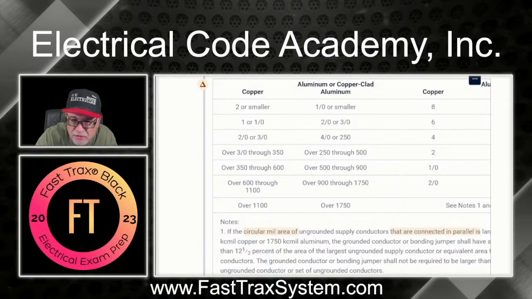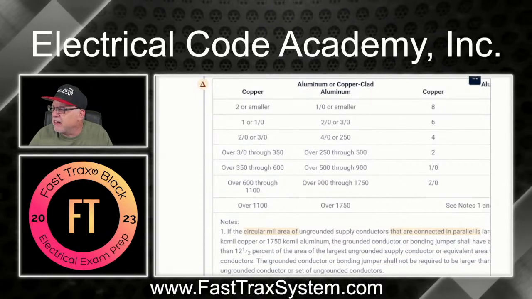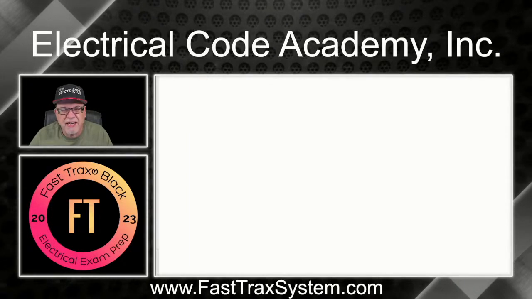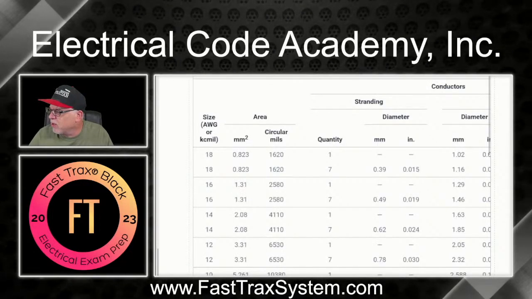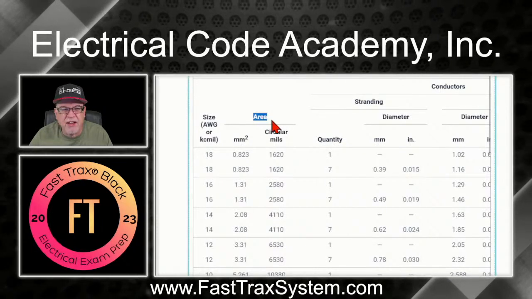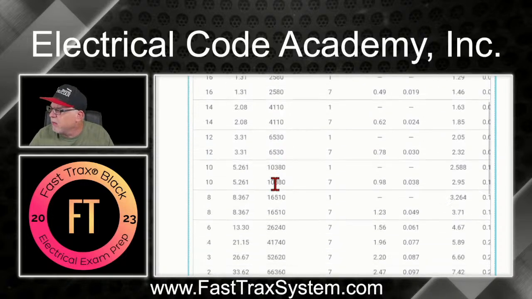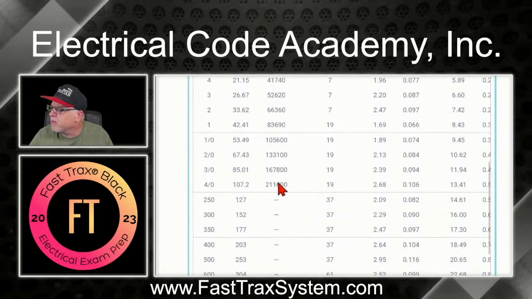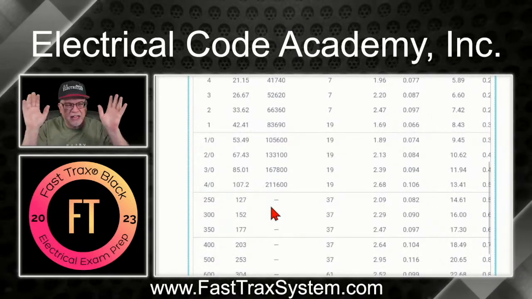So we're going to go to chapter 9, table 8, and that's conductor properties right here. What we're looking for is circular mils, which is the area. Notice it says circular mil and then it's titled area. That's what we're trying to do. Let's say we had 163, just to show you the concept.